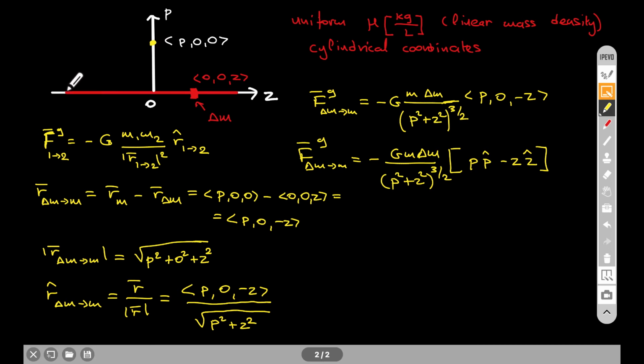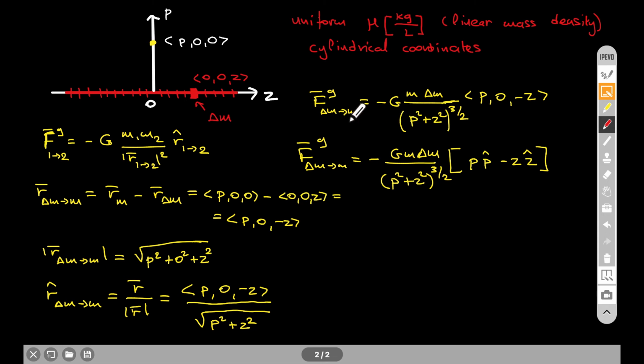Since I have a rod that extends from the negative z-axis to the positive z-axis, what I need to do is really calculate the same expression from all the small pieces that I can think of. So for example, this would be here one small piece, another small piece, another small piece, and so on. You can think of dividing the rod into many small pieces like the one I just used here.